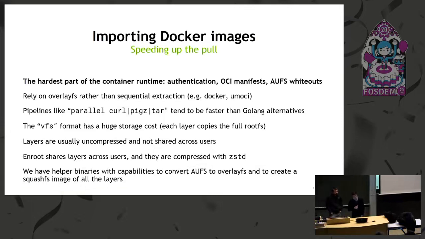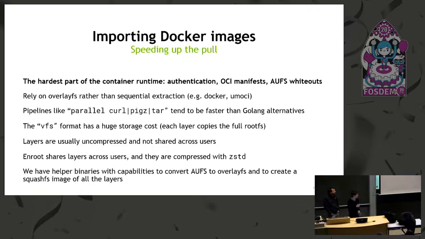And if you were to use the overlay driver in Docker or other tools, they keep the layers uncompressed. But you can't share the layers between users because you would need something like shiftfs to convert the IDs. So what we do is we share layers across users in the same group, and we compress them with Zstandard.